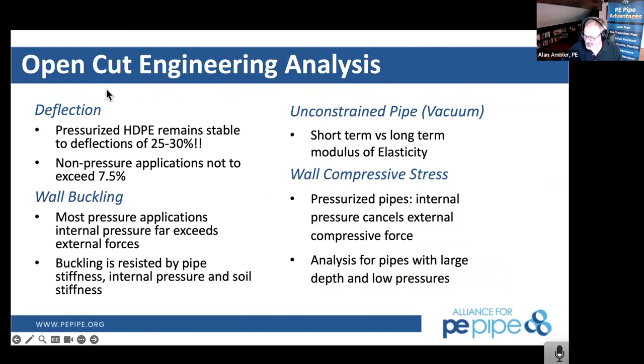So the things that I'm looking for when we're doing these calculations are deflection. We're making sure that the pipe, as it's installed, is not going beyond yield. Wall buckling, so we want to make sure that you're not crushing it. Unconstrained pipe: we're looking for a negative pressure within the pipe that could collapse it, especially with thinner wall pipe.